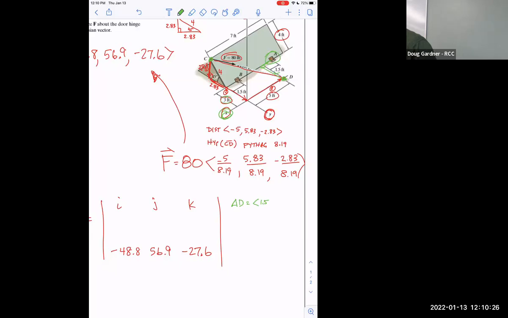Isn't that 3 right there? And how far do I go in Z? Both A and D are on the ground, aren't they? So I go nothing in Z. So there's my distance from the point around which we're rotating to some place on that vector. And so that's going to be the easiest.